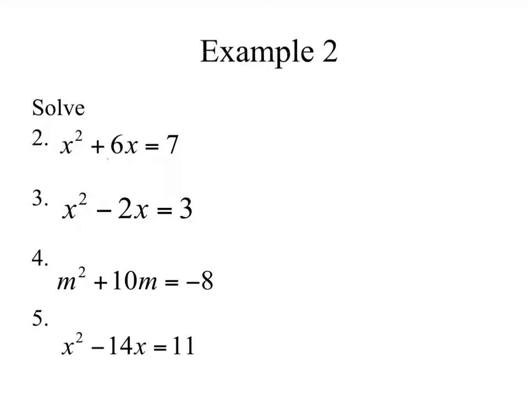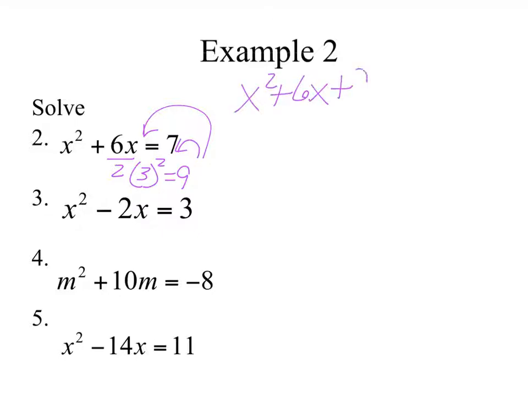So in number 2, I'm going to take b. I'm going to divide it by 2, which is 3. I'm going to take the 3 and square it, which gets me 9. That 9 is going to be added to both sides of my equation. So x squared plus 6x plus 9 will equal 7 plus 9. My left-hand side is going to break down to x plus 3 squared.